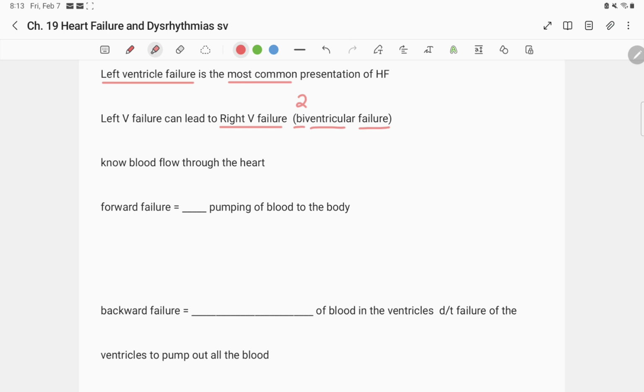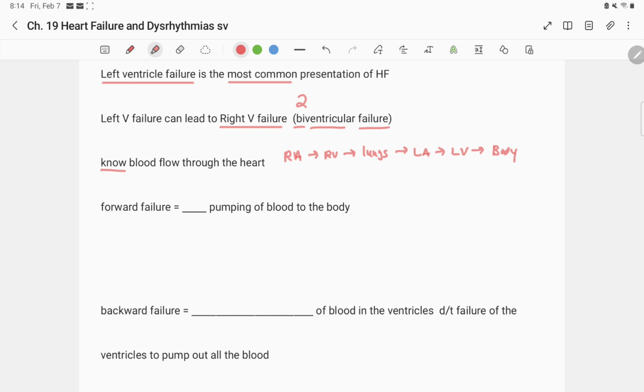Okay, in order to understand what happens, you have to know your blood flow through the heart. So you'd have to review that. Quick version is blood comes into the right atrium and then spills into the right ventricle and then goes to the lungs and then goes back to the heart into the left atrium and then spills into the left ventricle and then goes to the body.